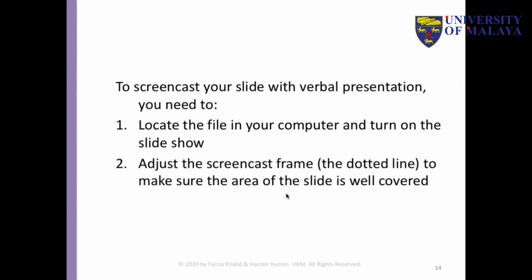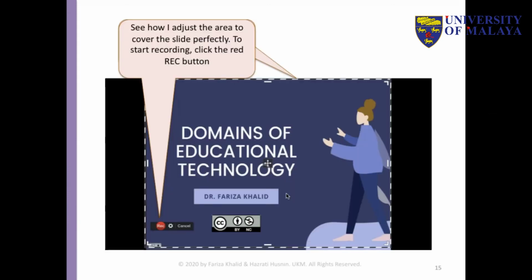Okay, so now of course to screencast, you need to have your file in your computer, and then turn on the slideshow, and you may want to adjust the screen, or you may want to just click on the full screen. For example, in this demonstration, I am using my PDF file. When you open your PDF file, it might not appear in full mode or full screen.